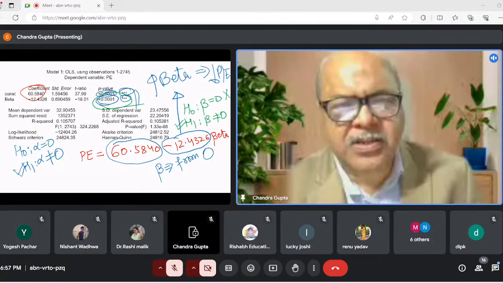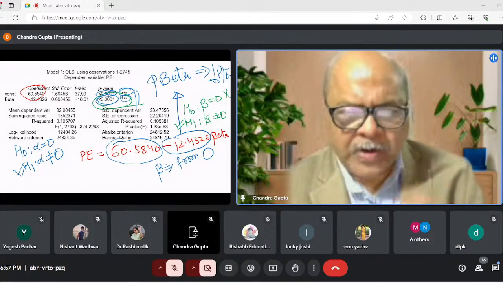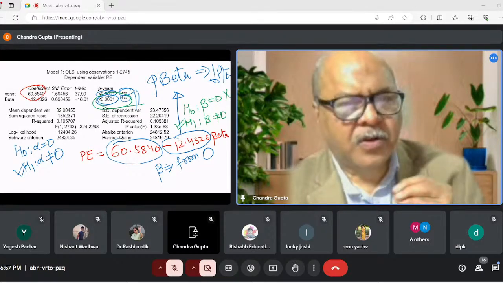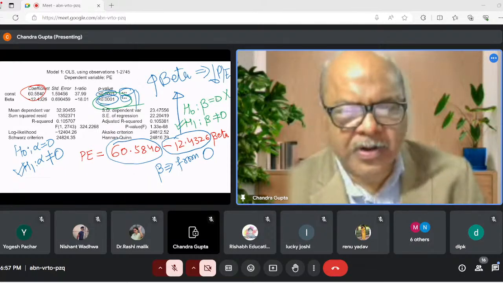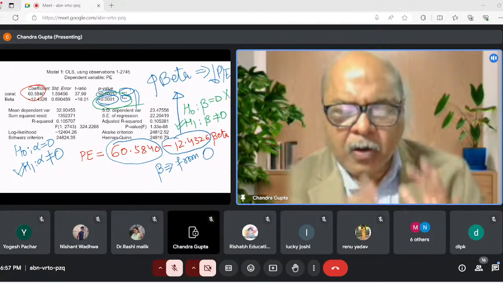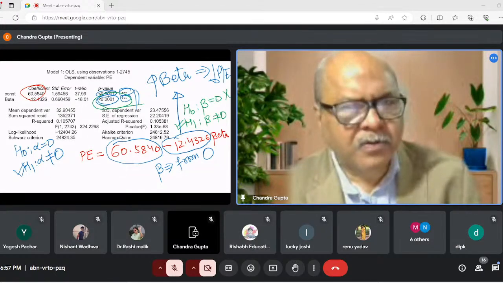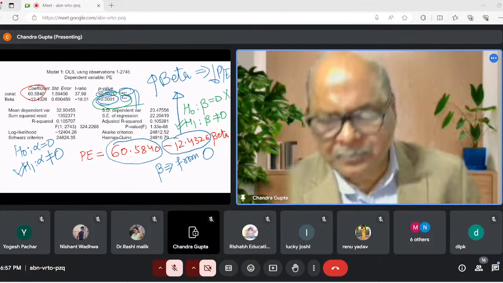In both the cases, we assume that values are equal to 0. Whatever software you are going to use, whether you are using Excel, Gretl, eViews, Stata, or whatever software, all softwares have a null hypothesis. Alpha is equal to 0, beta is equal to 0. Alternatively, they are not equal to 0.